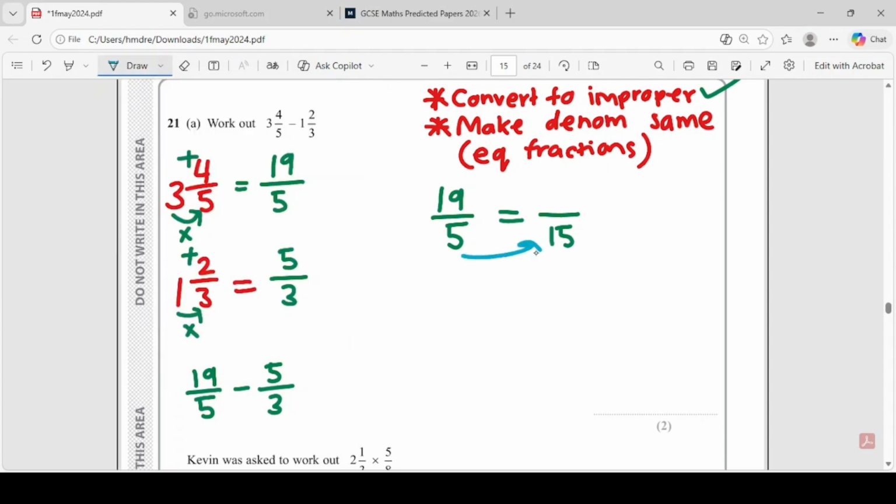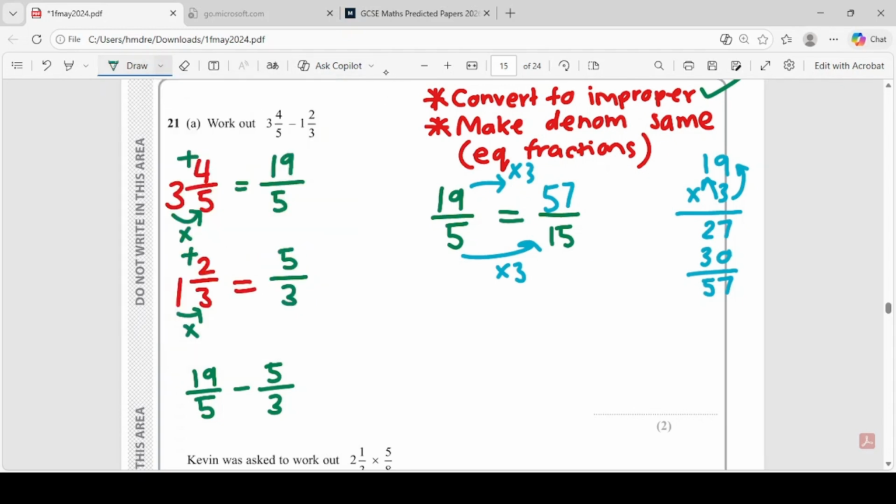So 5 times 3 will give me 15. At the top, 19 times 3. Which is going to be 19 times 3. 3 times 9 is 27. 3 times 1 is 3. So that is 57. Okay, so 57 over 15.